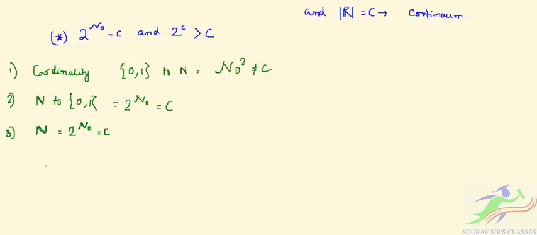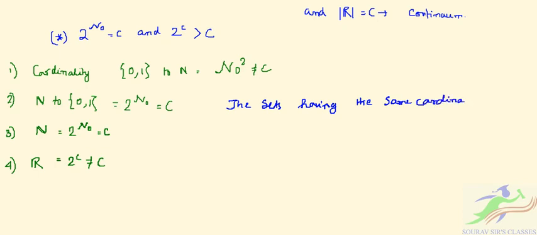Check with option 4. So the cardinality of the set of all subsets of R is 2 to the power C, which is not equal to C. So the sets having the same cardinality as R, equal to C, are in bijection with R. So here options 2 and 3 are correct.